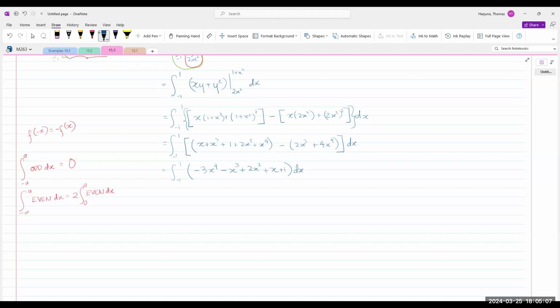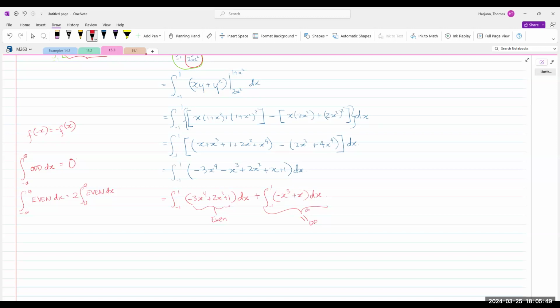Okay. Now, in other words, if you look back here, let me rewrite it this way first. Integral from -1 to 1 of -3x to the 4th plus 2x squared plus 1 dx. This is for the even function, plus the odd function, integral from -1 to 1 of negative x cubed plus x dx. Now this will be 0, while this one here is odd.